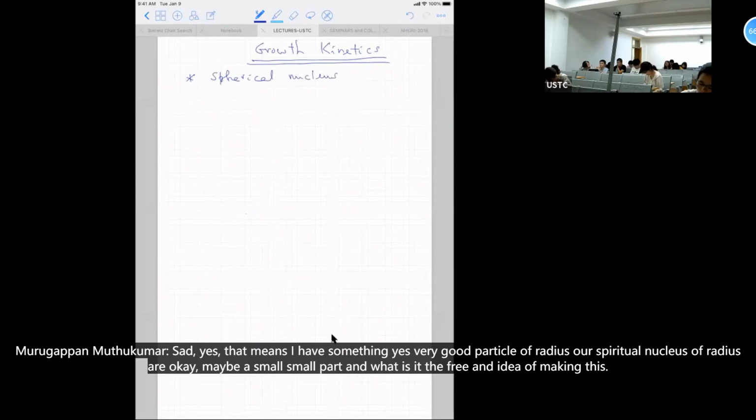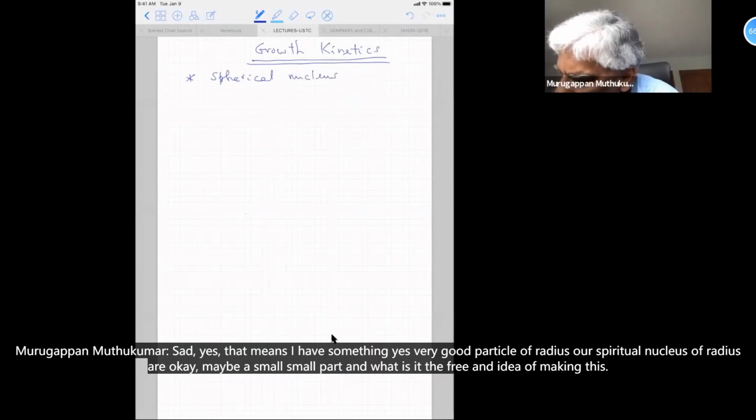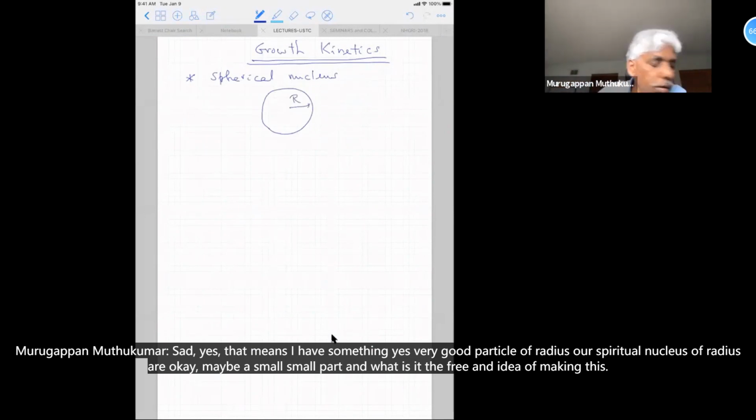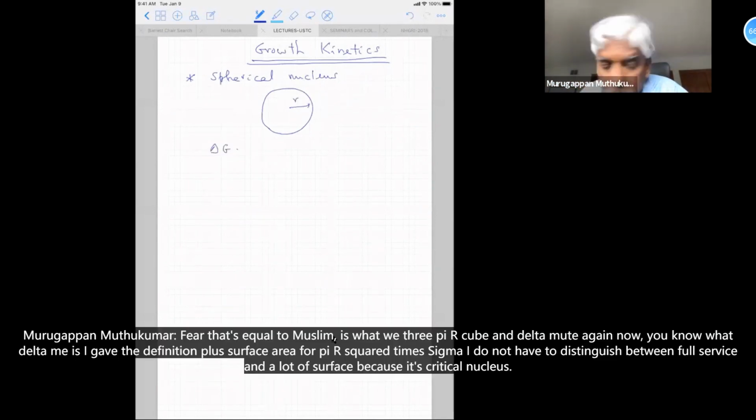A spherical nucleus means I have a spherical particle of radius r. And what is the free energy of making this sphere? That's equal to volume, 4 by 3 pi r cubed, times delta mu.